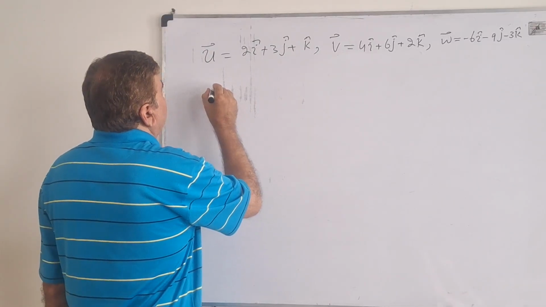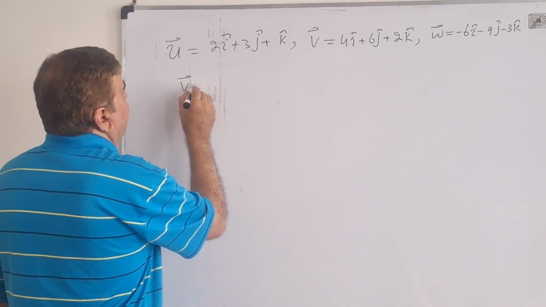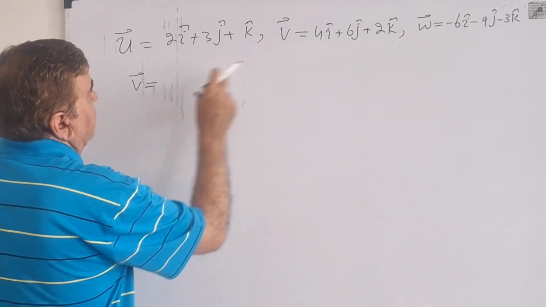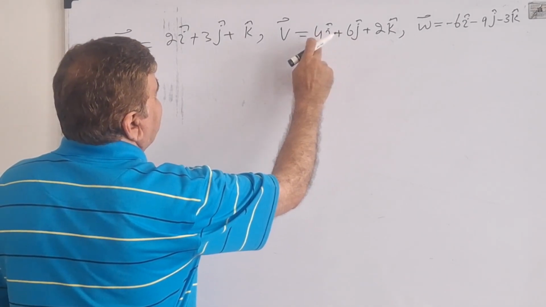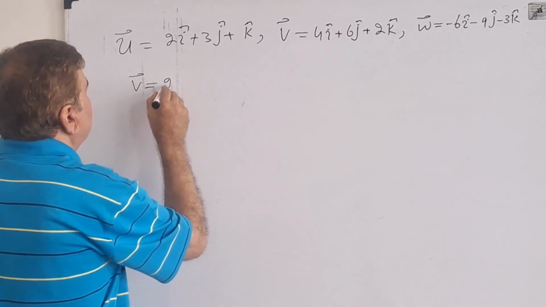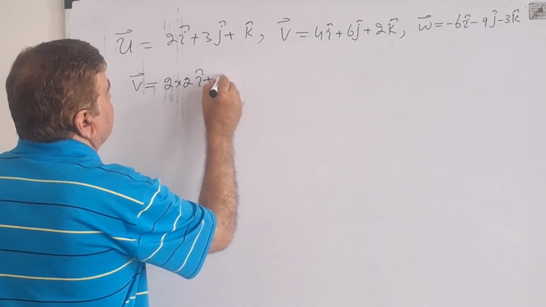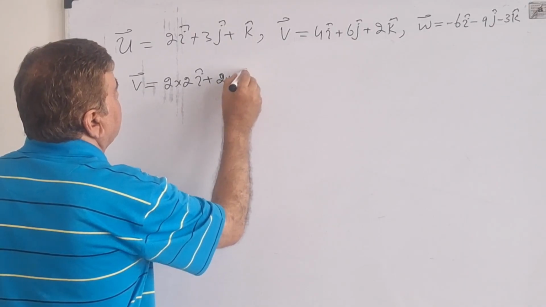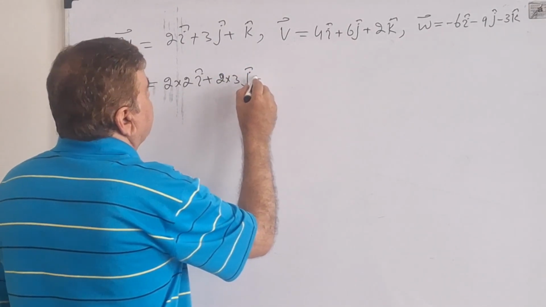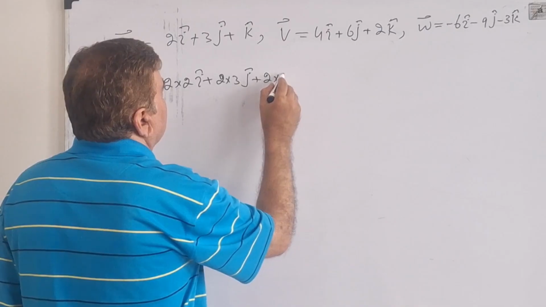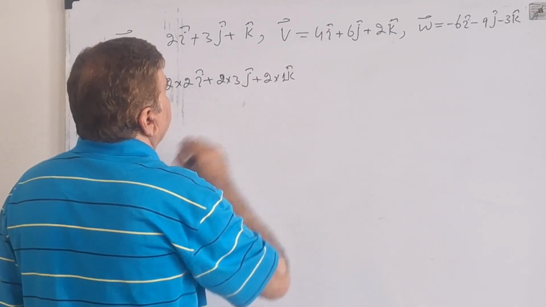We see that vector v can be written in factorized form, because each term in this can be written as 2 cross 2i plus 2 cross 3j plus 2 times 1k.